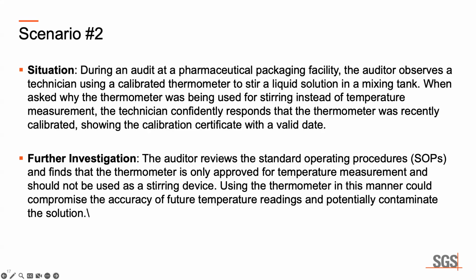And you're going to have to go through cleaning. You're going to have to go through putting everything that was manufactured into waste because it's now contaminated with mercury. So much like scenario number one, scenario number two is a nonconformance.